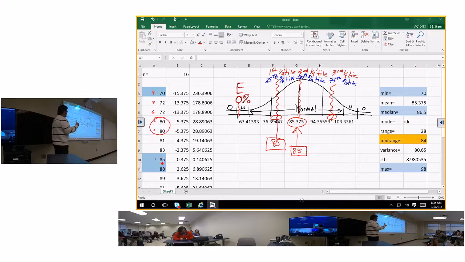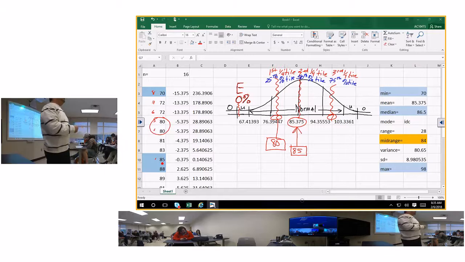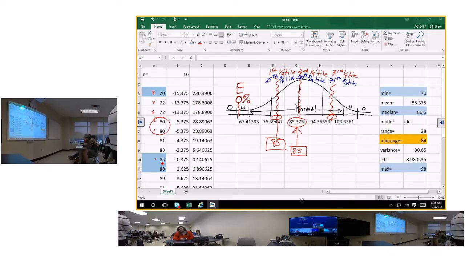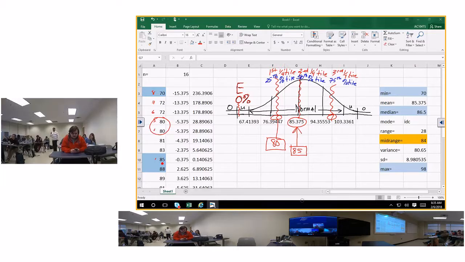And your third quartile is the median of your bottom 8. So go ahead and find the median of the bottom 8. There should be 8 numbers below that dot. Make sure you put that dot, because if you don't, you're going to get confused and mess it up.